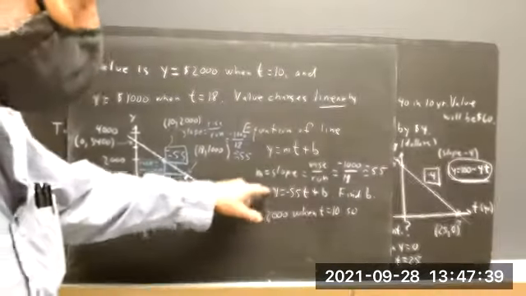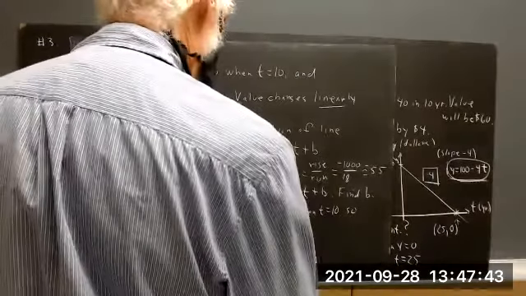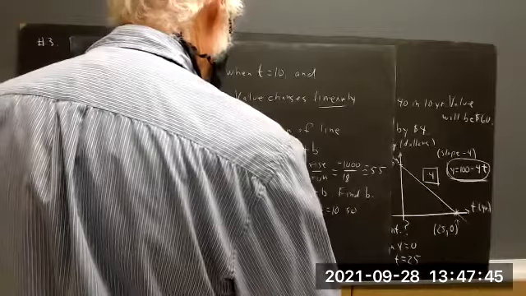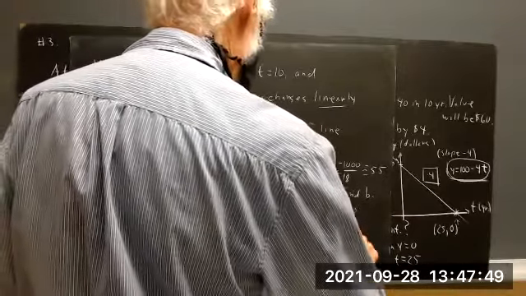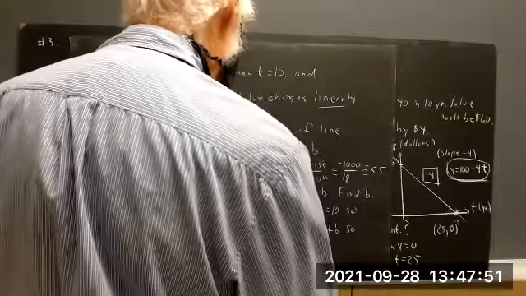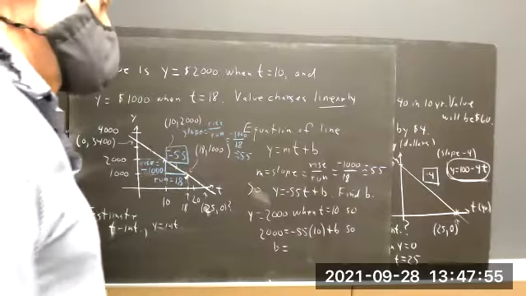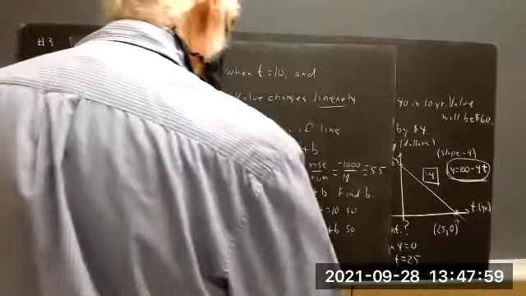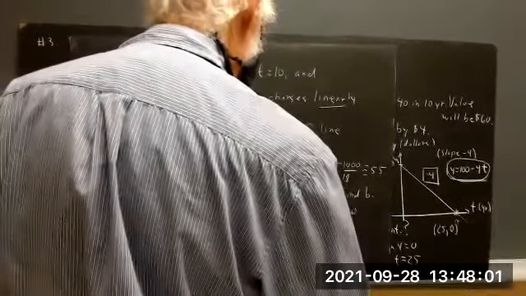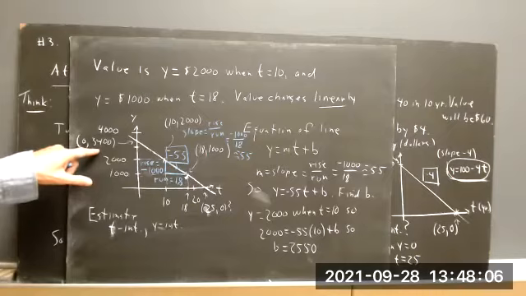So we can plug 2000 in for Y and 10 for T. So what is B equal? Well, that's going to be -550. We add that, we get 2550. Which means that my estimate of 3400 wasn't very good.